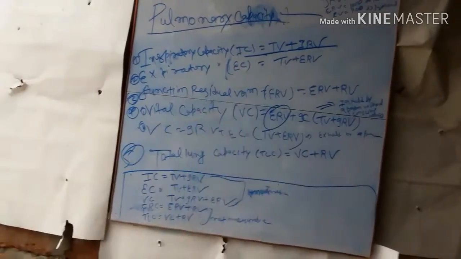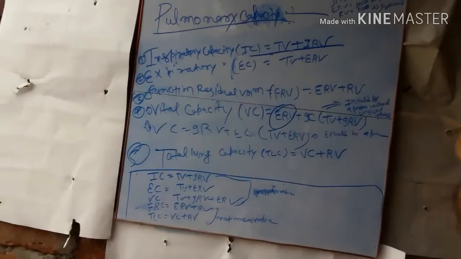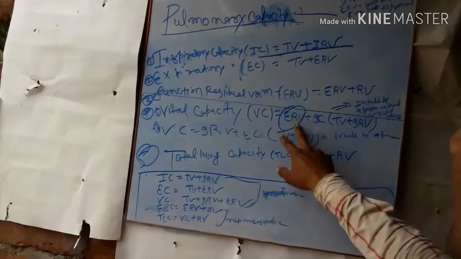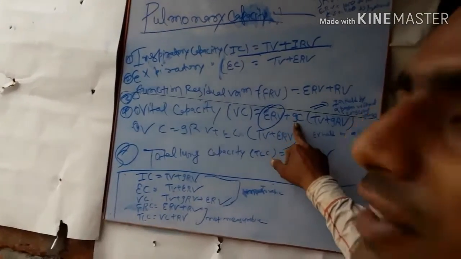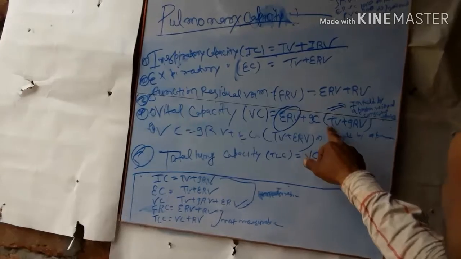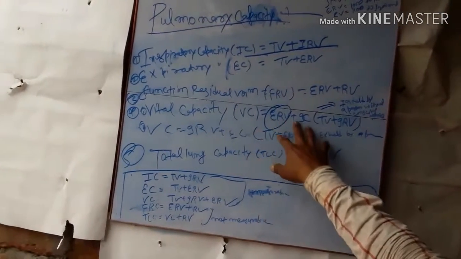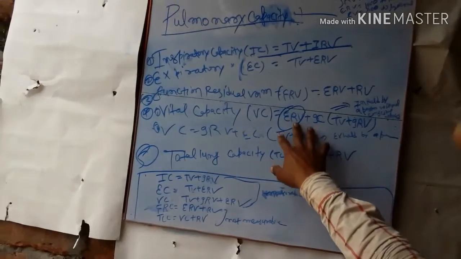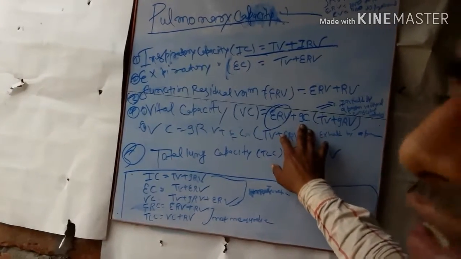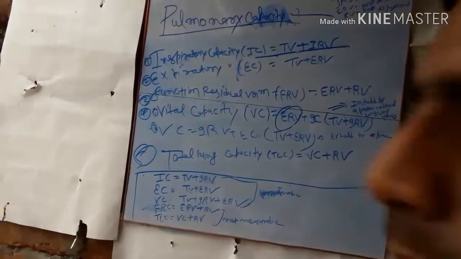This is the vital capacity. So what is the vital capacity? Vital capacity is expiratory reserve volume plus inspiratory capacity, and inspiratory capacity is equal to tidal volume plus inspiratory reserve volume. This is inhaled by a person without conscious effort.